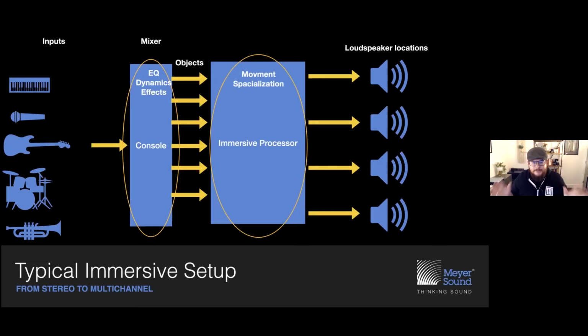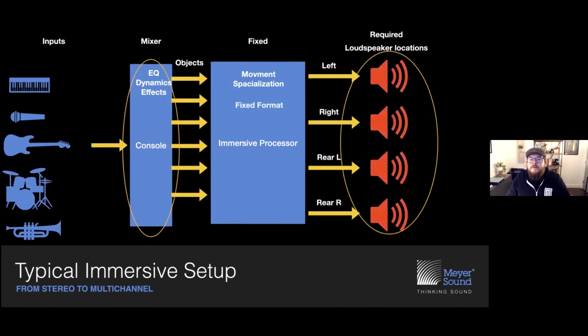And so with traditional immersive processing, which I'm not even sure traditional is an appropriate word for it, with immersive audio and most of the algorithms that other companies are using, the problem is that the loudspeaker locations have to have a very fixed and specific location in order for the sound and the feeling of immersion to work.